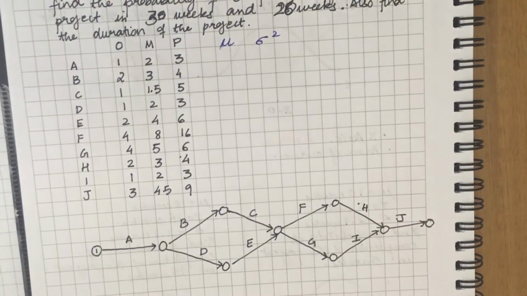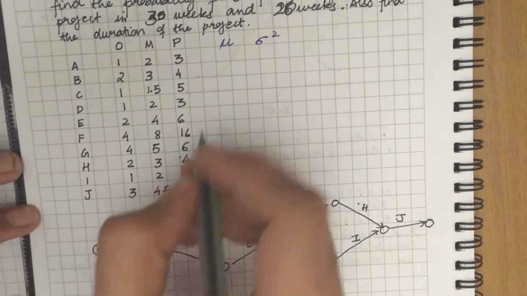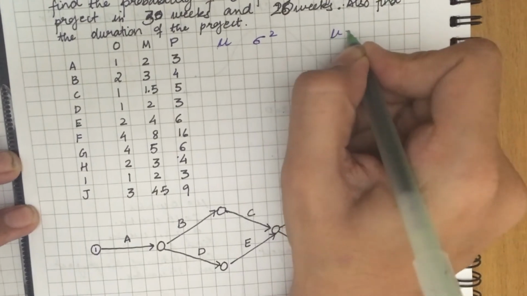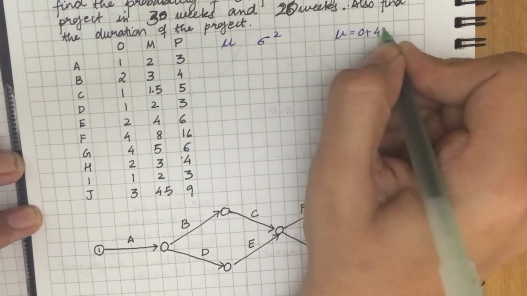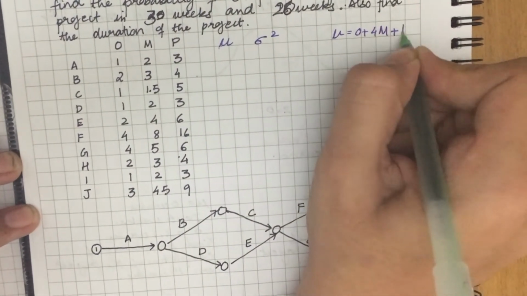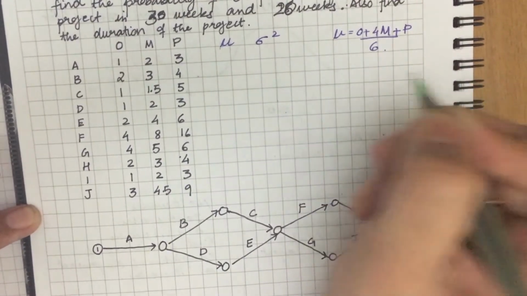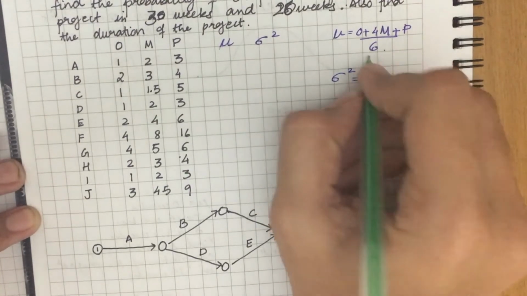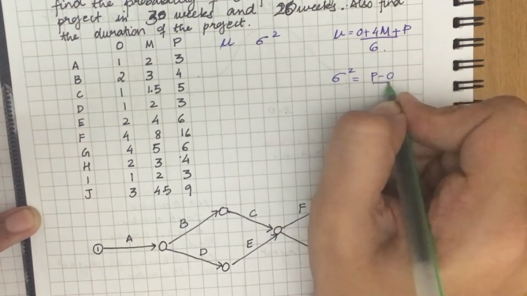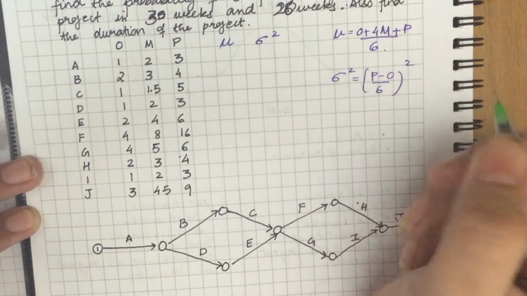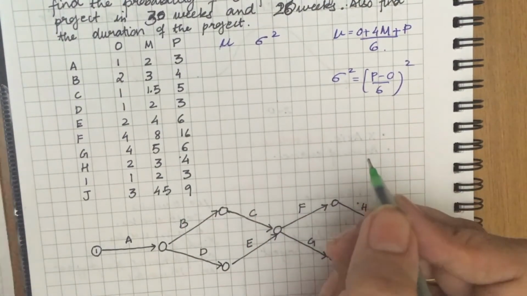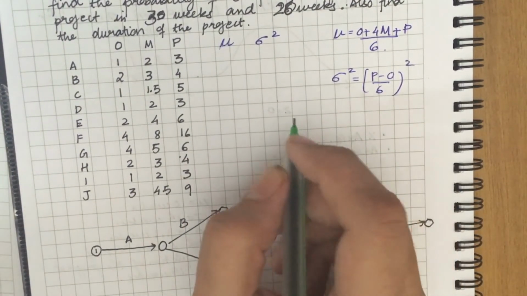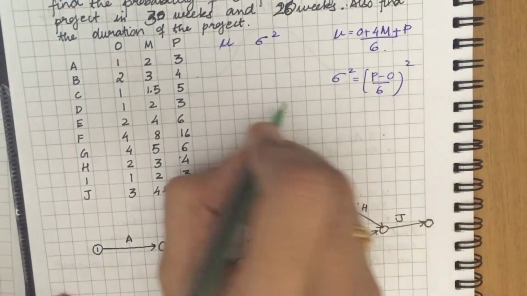The formula for mu is O plus 4 times M plus P upon 6, and the formula for sigma square, that is variance, is P minus O upon 6 whole square.